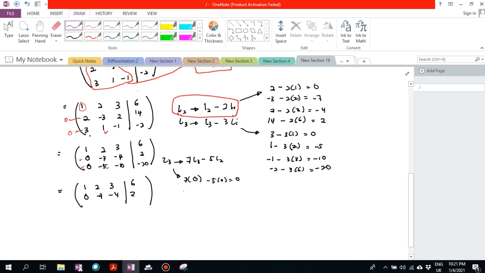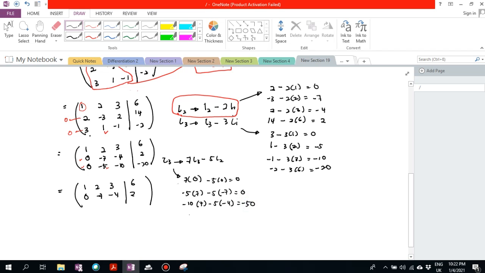Then you have negative 5 times 7 minus 5 times negative 7, so this one also becomes negative 35 plus 35, which is 0. Then you have negative 10 times 7 minus 5 times negative 4, so what you have is negative 70 plus 20, which becomes negative 50.